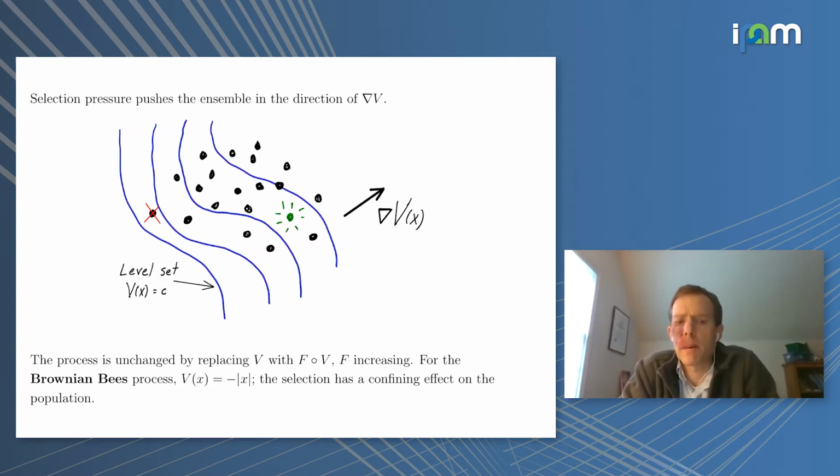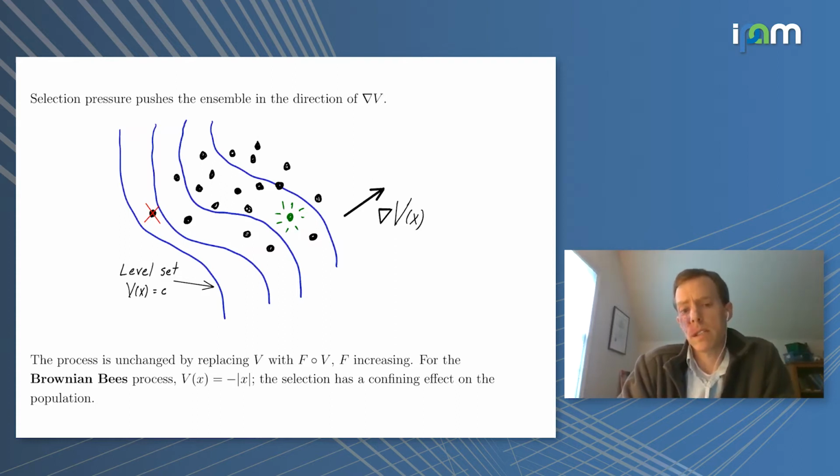Notice that the process really just depends on the geometry of the level sets of V and not on the particular values of V. So the process is unchanged if I were to replace V by f of V, where f is any increasing function, because that doesn't change the geometry of the level sets.